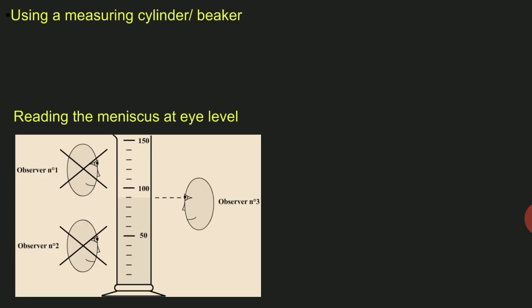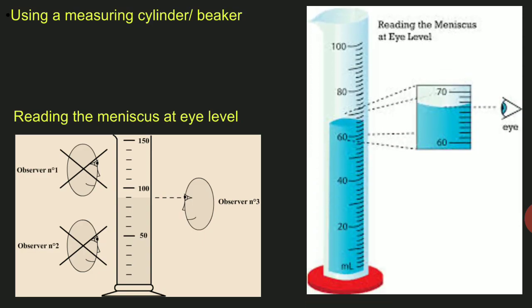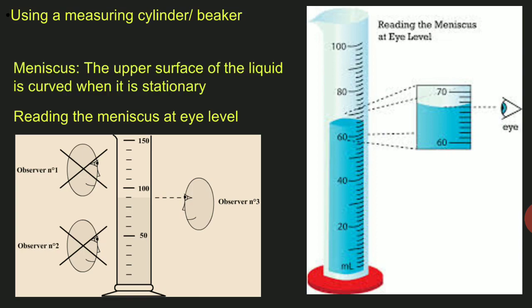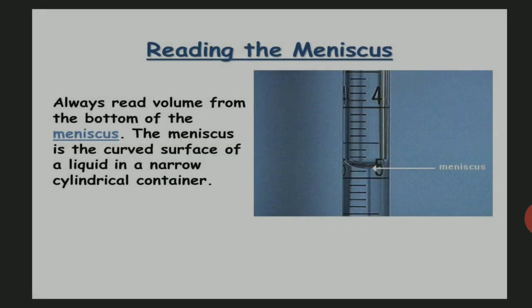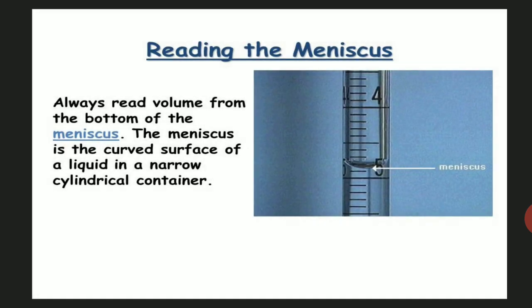The surface of the water when it's stationary is known as a meniscus. Meniscus is the upper surface of the liquid when it's curved and when the liquid is stationary. Reading the meniscus, we always read the volume from the bottom of the meniscus.